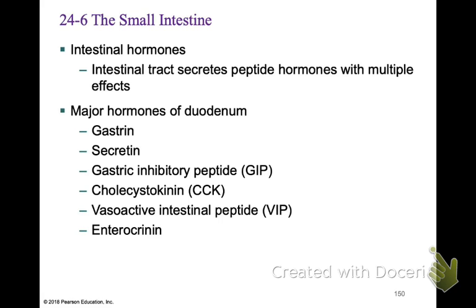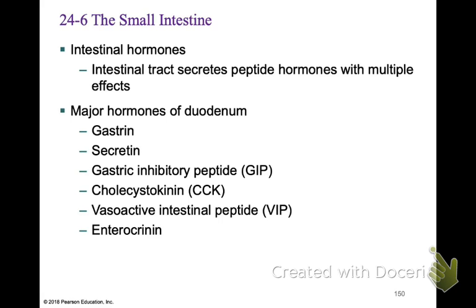Secretin does a couple of other things I haven't mentioned yet. Secretin stimulates the liver to produce more bile, and secretin also stimulates the pancreas to secrete more bicarbonate. GIP just inhibits the stomach as far as I know, but cholecystokinin, we've only mentioned one thing it does so far, and that is to contract the gallbladder, but CCK also stimulates the secretion of enzymes from the pancreas.